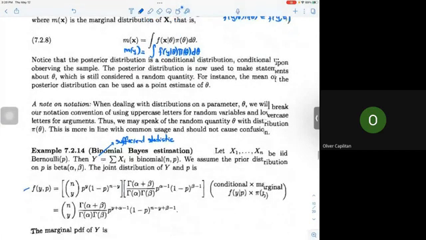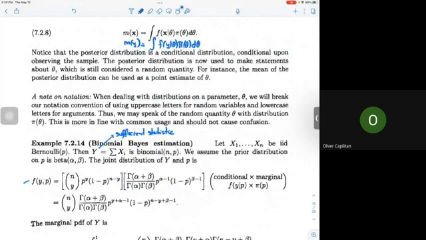Okay, so we have now our joint distribution of Y and p. We can say this is the sampling distribution, or the distribution of our statistic Y given our parameter p, and then we have here the prior distribution of our parameter p.